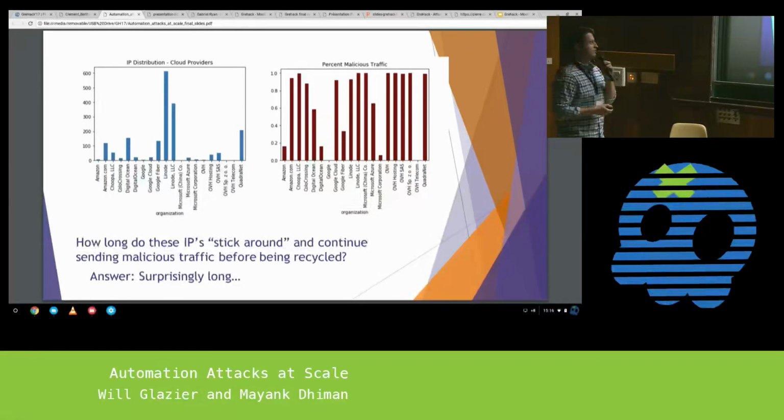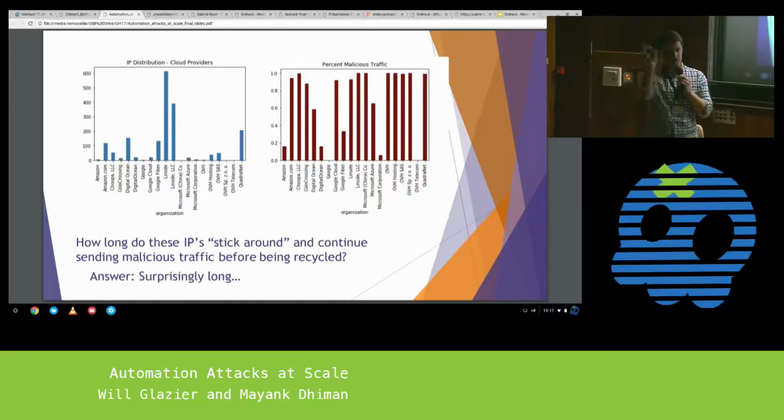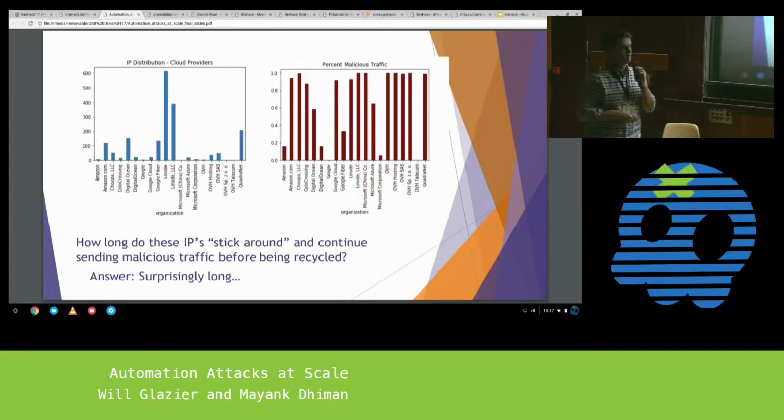And the answer, because this seems like a limitation of trying to even consider using IPs, is that they're actually around surprisingly long. We have our own internal threat intelligence databases and crawl open source feeds. And we saw that in these attacks from these cloud providers, over 80%, like over 90% of the IP addresses appeared in at least one threat feed. 80% appeared in more than 5.